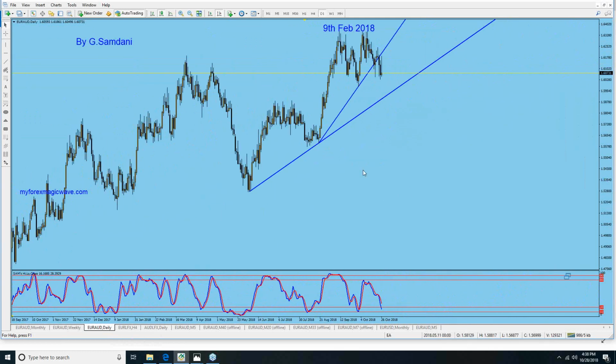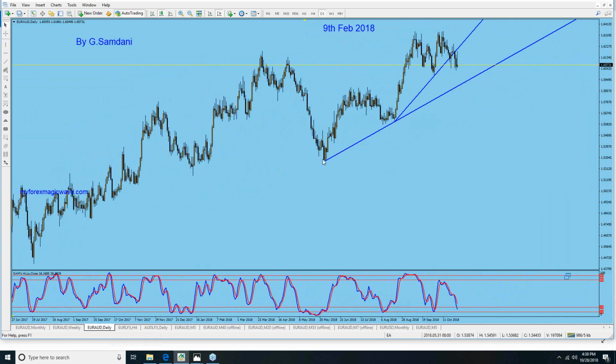Flat. But look at this one here. It looks like the wave 1, 2, right? And then wave 3. And this like A, B, C so far, wave 4, and then according to this we have one more push coming towards the upside for wave 5.